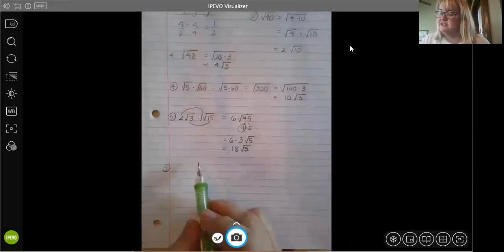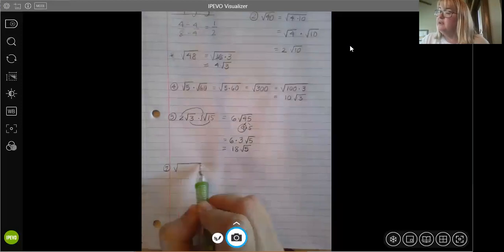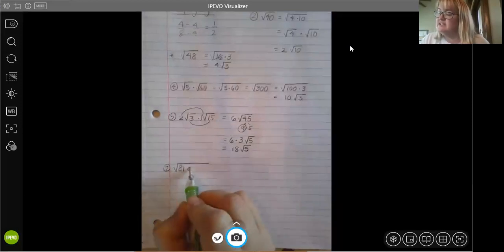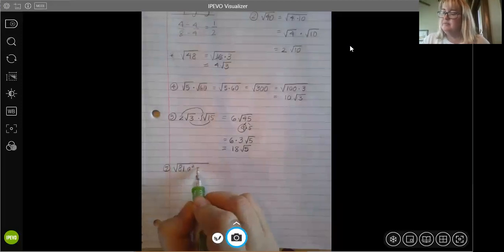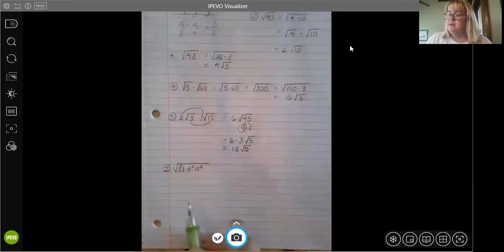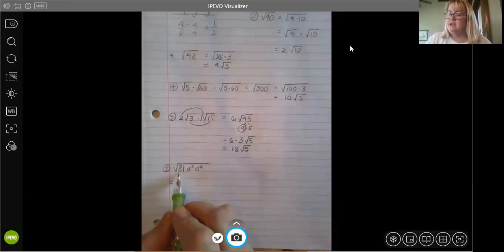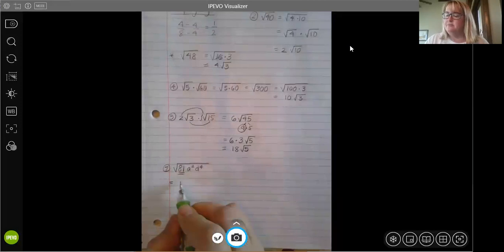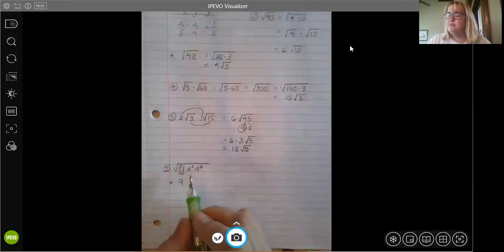7 has the square root of 81, a squared, d to the 4th. The square root of 81 is a square number, so I can factor out a 9 altogether. Now, the square root of a squared is a.